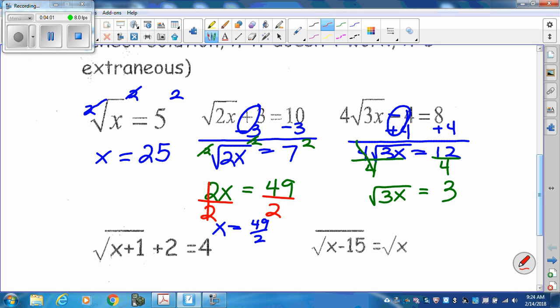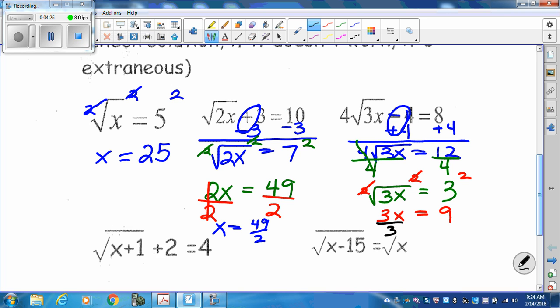Okay, so I am getting closer. I've isolated the radical. Now I want to get rid of the radical. Again, those are inverses. What I do to that side, I have to do to this side. So what is left is 3x equals 3 times 3 is 9. All right, and then finally, I almost have the x by itself.